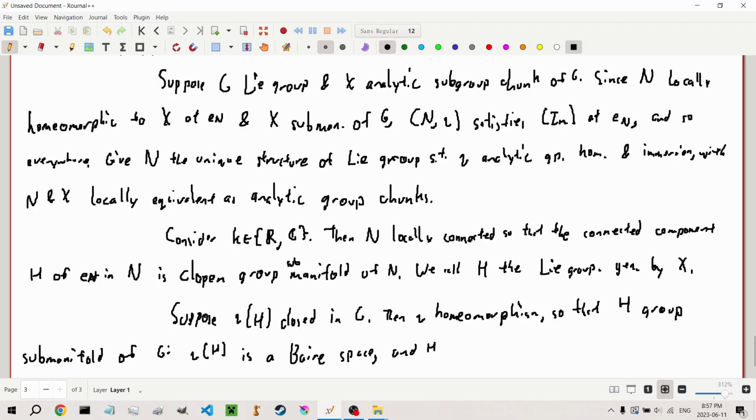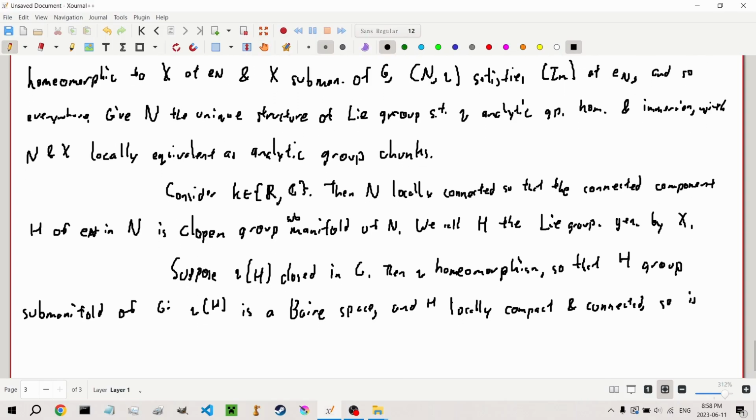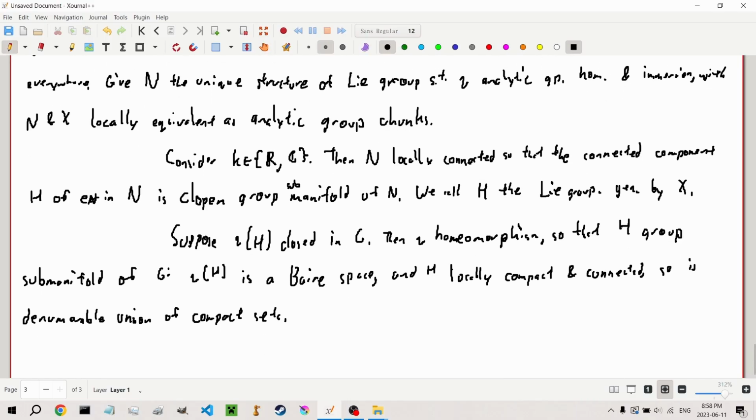And H is locally compact and is connected, so is a denumerable union of compact sets. So we get the rest of this from a couple lemmas.